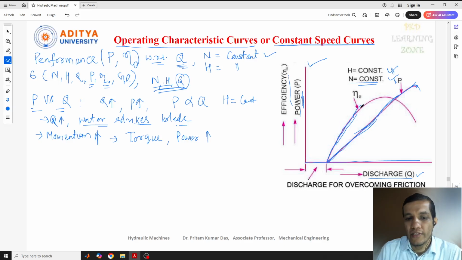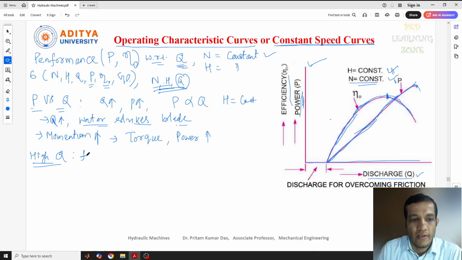But in the efficiency, if you see, it falls after a certain point, after reaching the maximum. After that, it started falling. That means at this point, when efficiency has reached the maximum, at high discharge, what can be expected is that flow separation started occurring there.